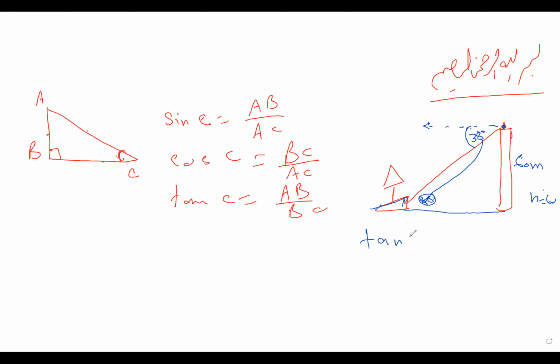Then tan 38 equals opposite, which is 60, over the distance, which is x. By using cross multiplication you can find the length of x. Then x equals 60 divided by tan 38. Directly you can find it by using the calculator. It's okay.